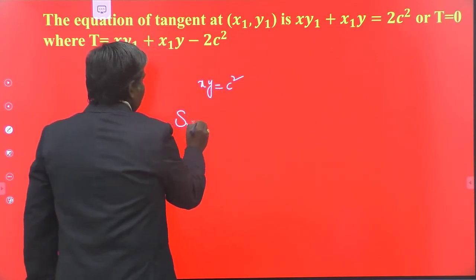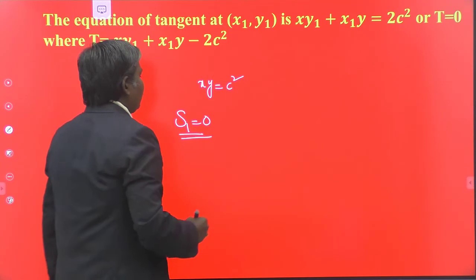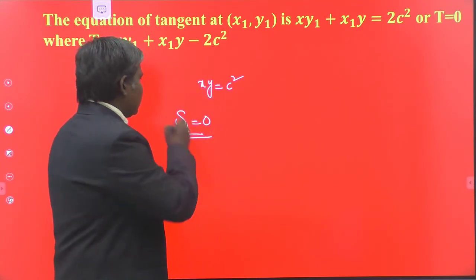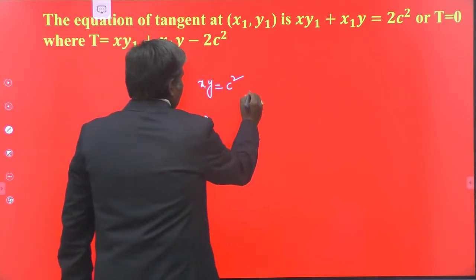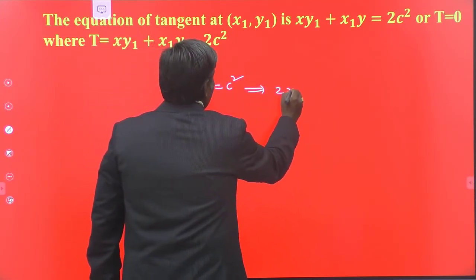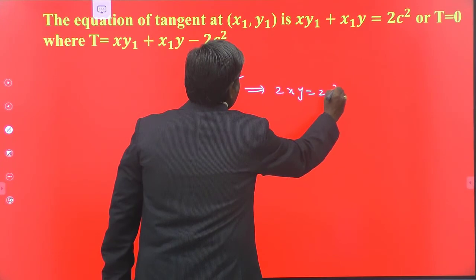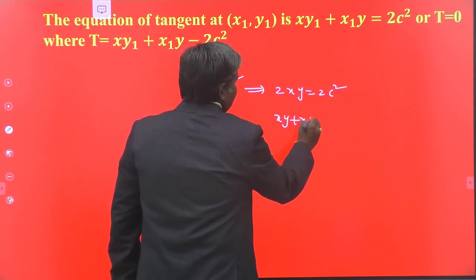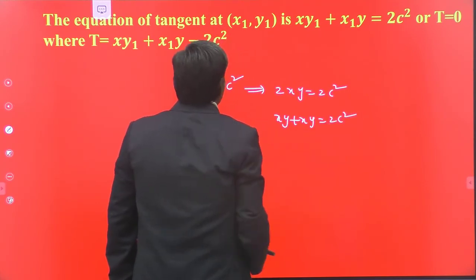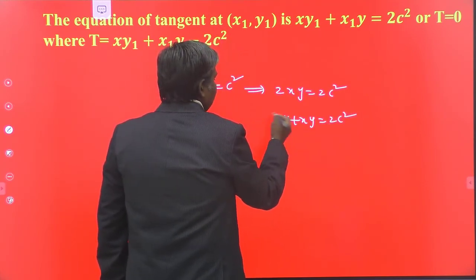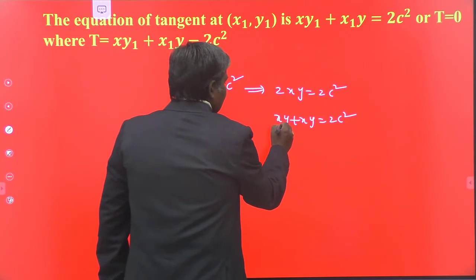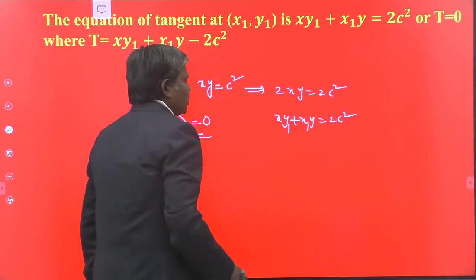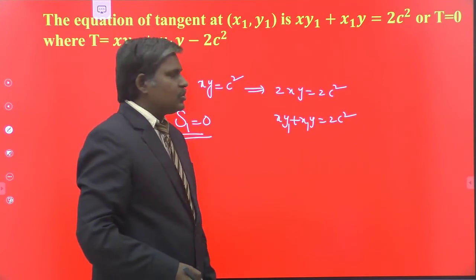All of you know that the equation of tangent at x1 comma y1 to any curve is what? S1 equals 0. You can define S1 for this one also. On multiplying by 2 on both sides, you have 2xy is equal to 2c square. So 2xy can be written as xy plus xy is equal to 2c square, and replace one x by x1 and one y by y1. xy1 plus x1y is equal to 2c square.